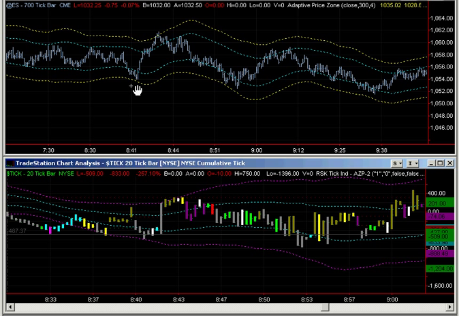Now, when the market is in a trend and you want to take a counter trend trade, look for what we refer to as a type 3 divergence in the indicator.